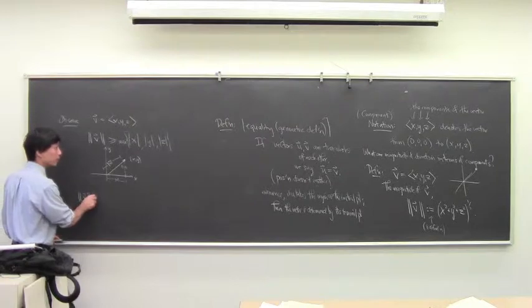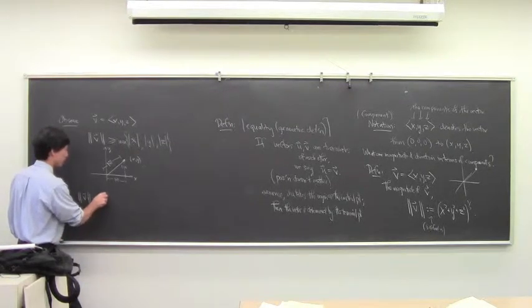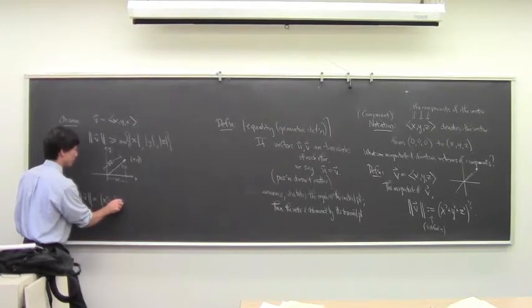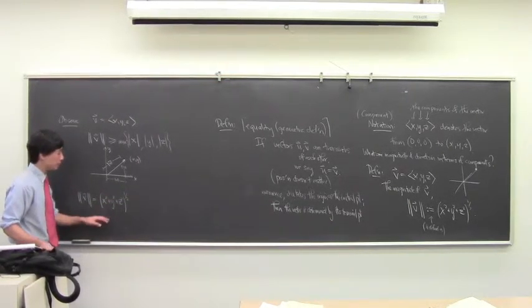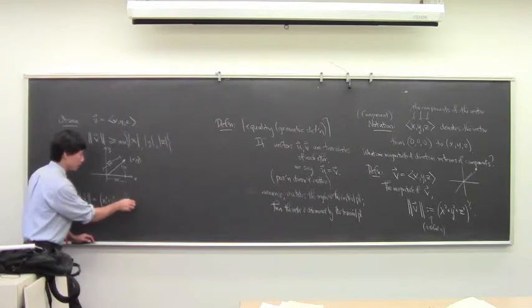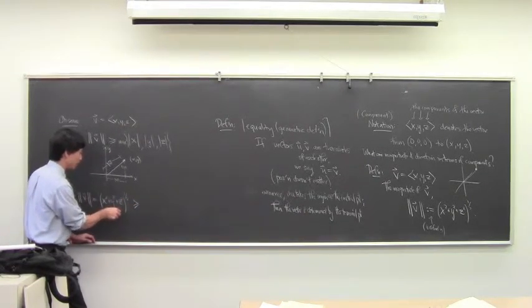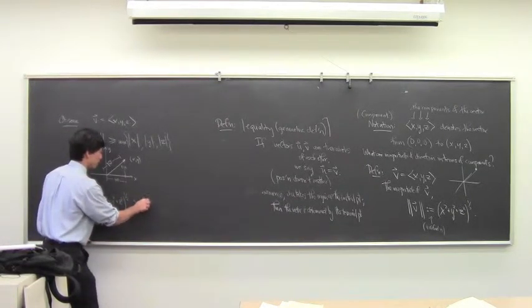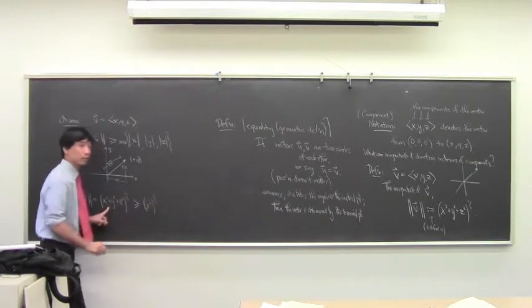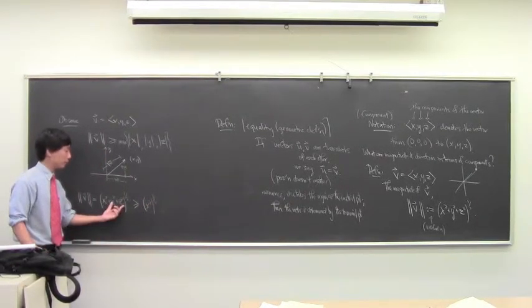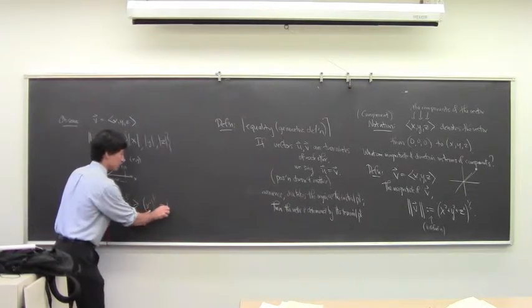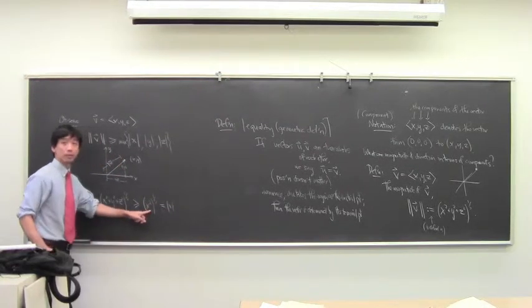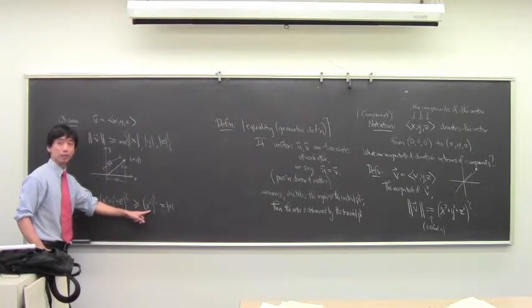Well, the magnitude is going to be (x squared plus y squared plus z squared) to the half. And this thing is definitely bigger than or equal to (x squared) to the half, because if I throw things out, it's just going to get smaller. So that's true. And what's this? This is the absolute value of x.